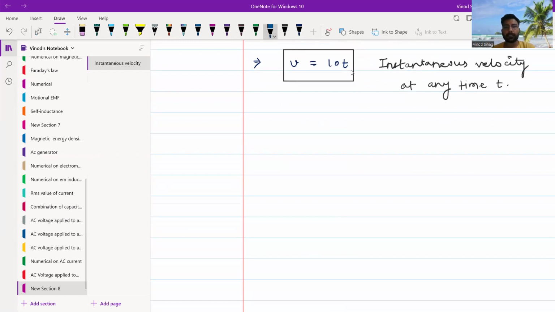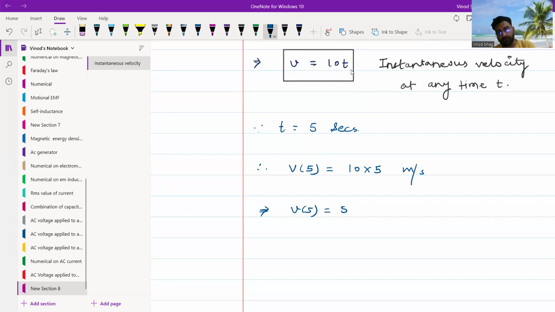Then the velocity at 5 seconds will be 10 into 5, and the unit will be meter per second. So the instantaneous velocity at 5 seconds is 50 meter per second. That is the instantaneous velocity of the particular object that was given in the question.